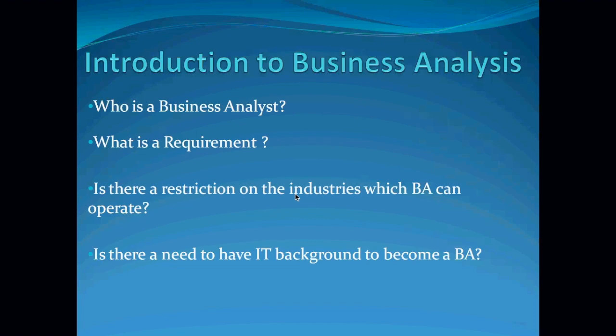If you are working in a bank, they need a BA in their project team to carry out some regulations. They need a BA to say, these are the requirements, the regulations that we want to put in place. So we need a BA in our project team to document these requirements.